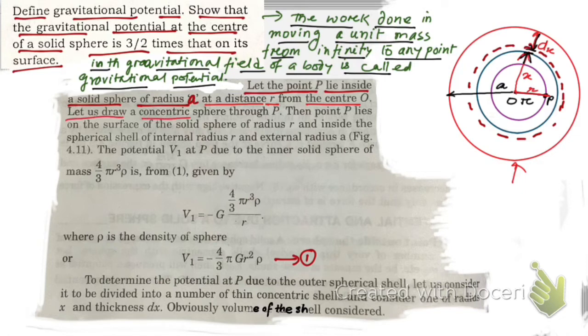Let us draw a concentric sphere through P. So we have drawn another sphere through P, a concentric sphere, right? The center is the same. The point P lies on the surface of the solid sphere of radius r, and inside the spherical shell of internal radius r and external radius a, right?